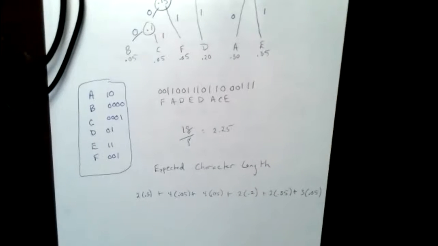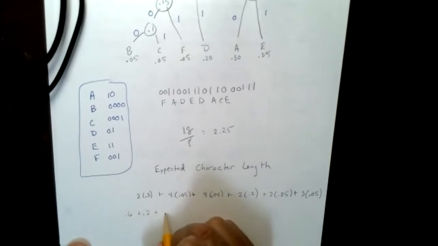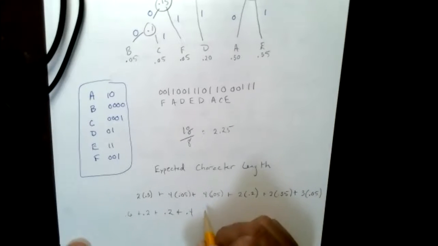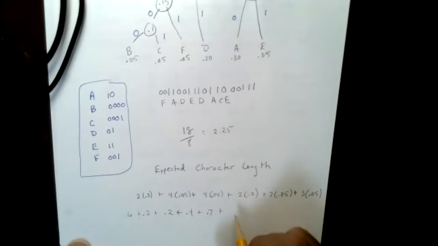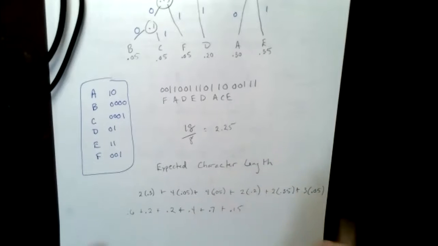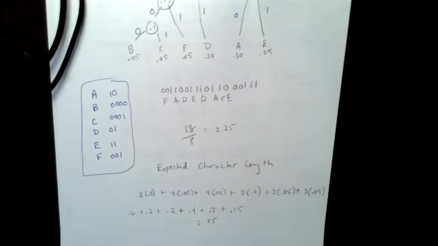Oh, I'm sorry, I was looking at my paper on it. 0.6 plus 0.2 plus 0.2 plus 0.4 plus 0.7 plus 0.15. Oh, geez. 6, 8, 10, 14, 21, 22 and a half, or 2.25. Is that what it comes out to be?